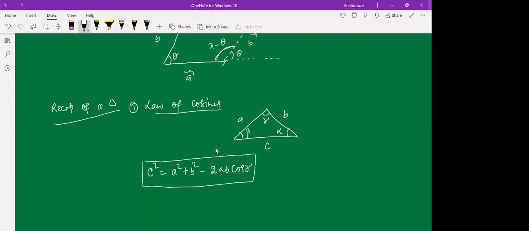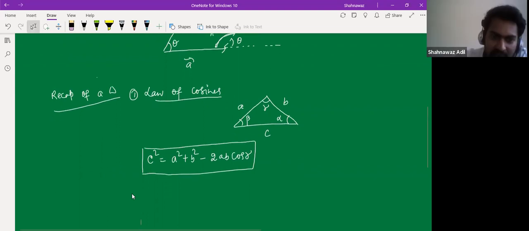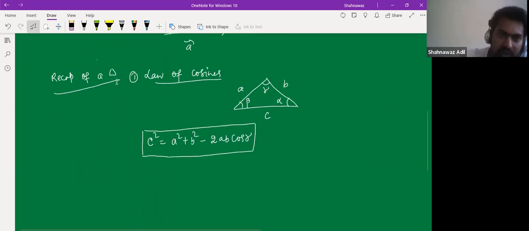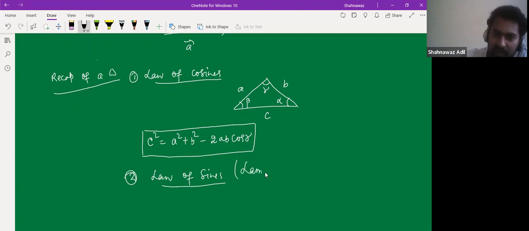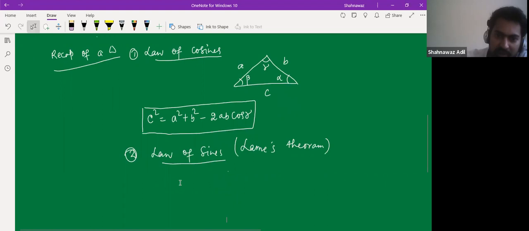Okay. Yes, sir. And the second property of a triangle is called the law of sines. And you have already heard about this in Lami's theorem. So what is the law of sines? Again the same triangle.